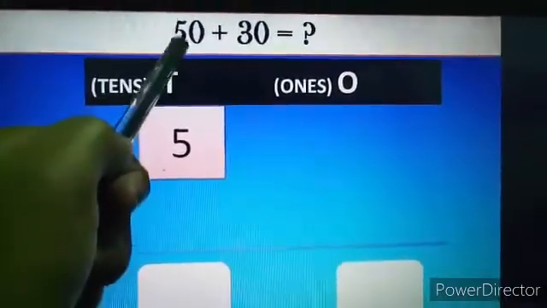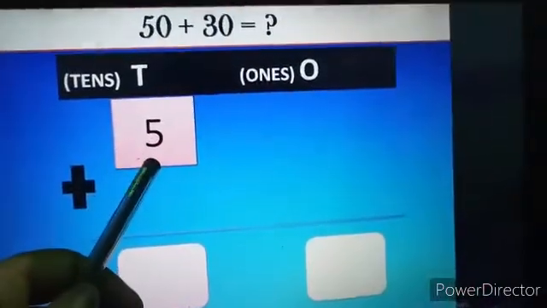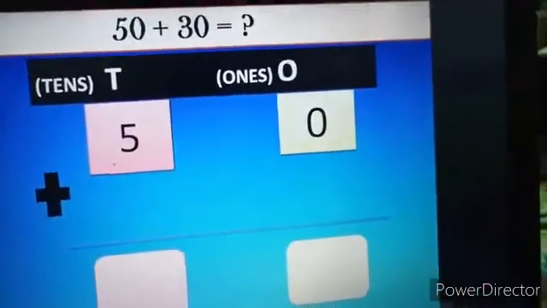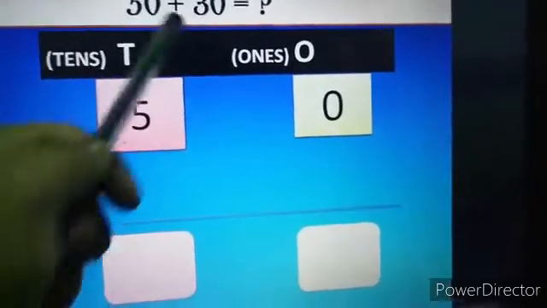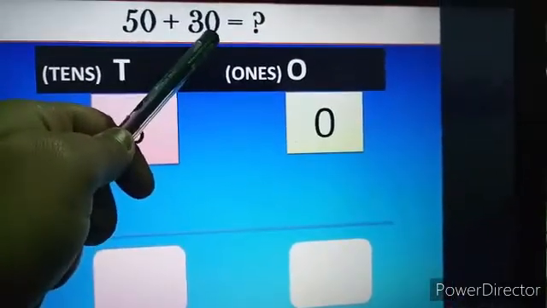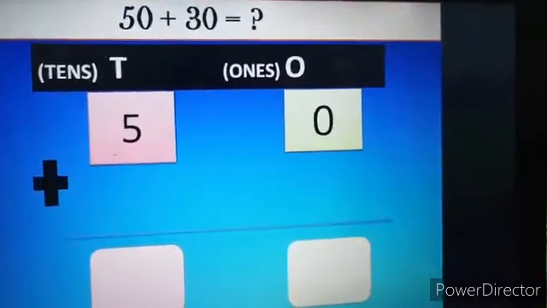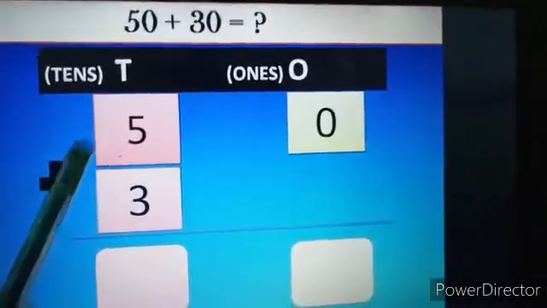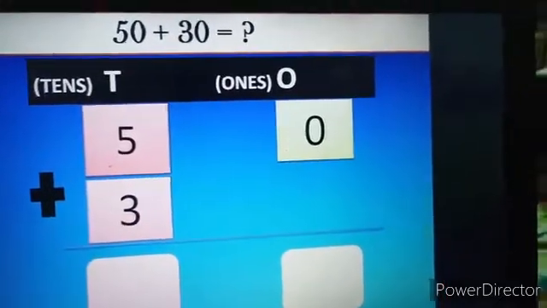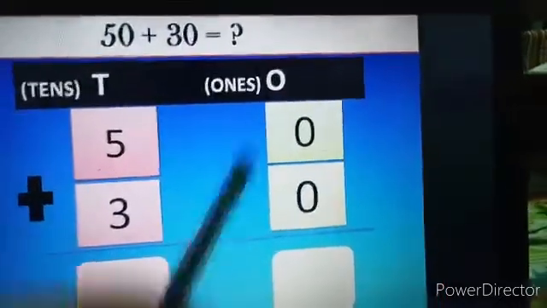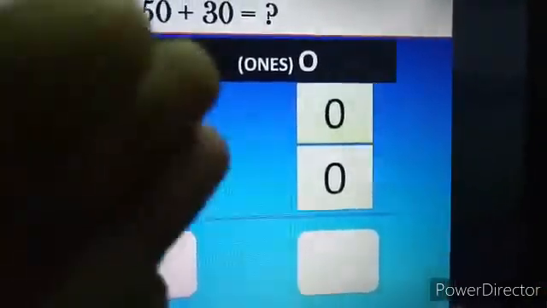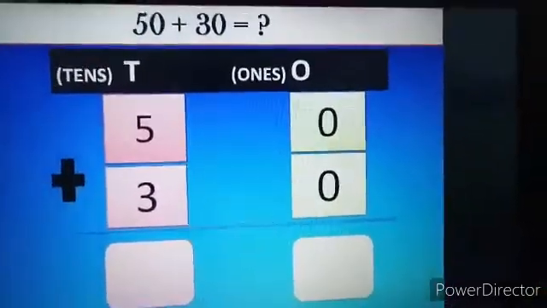First number is 50, so 5 will sit in the 10's room and 0 will sit in the 1's room. And after that, see in the question which number is there? 30. Let's put them in their respective rooms. So 3 will sit in the 10's room and 0 will sit in the 1's room. Like this you will place them in their respective places.